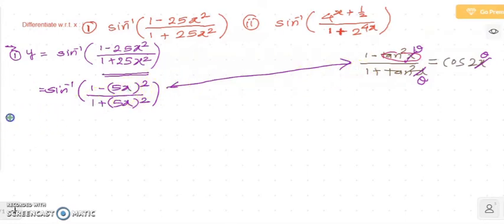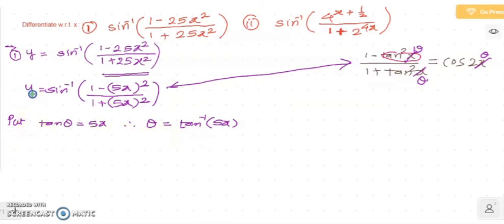So if you do that, put tan theta equal to 5x. Immediately you should understand that whenever you put tan theta as 5x, theta is equal to tan inverse of 5x. We shall use this arrangement later on.